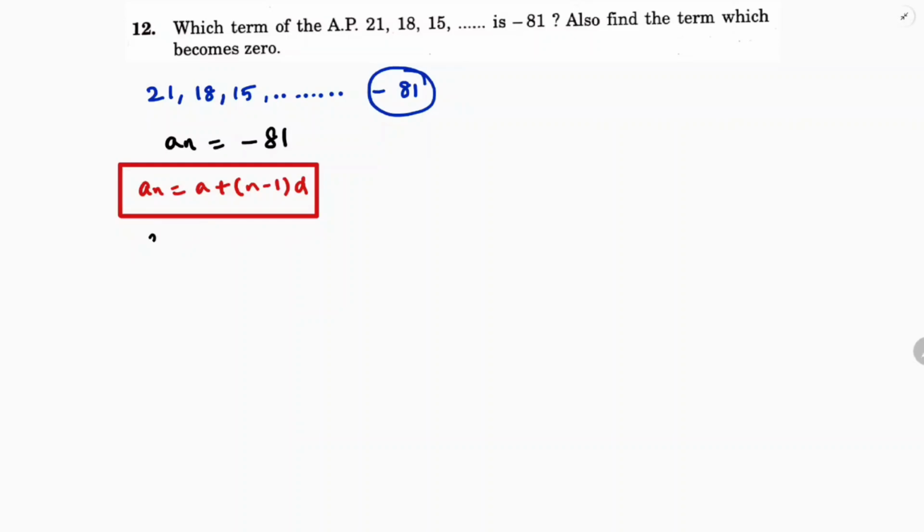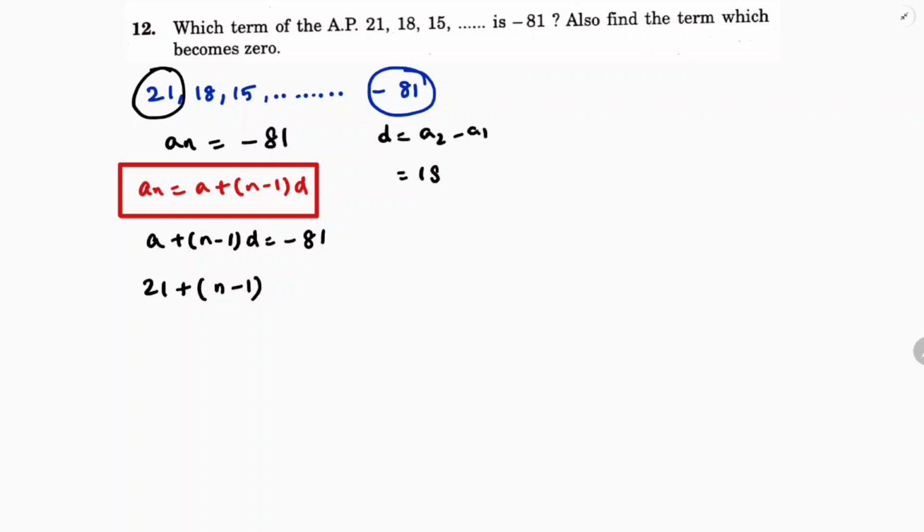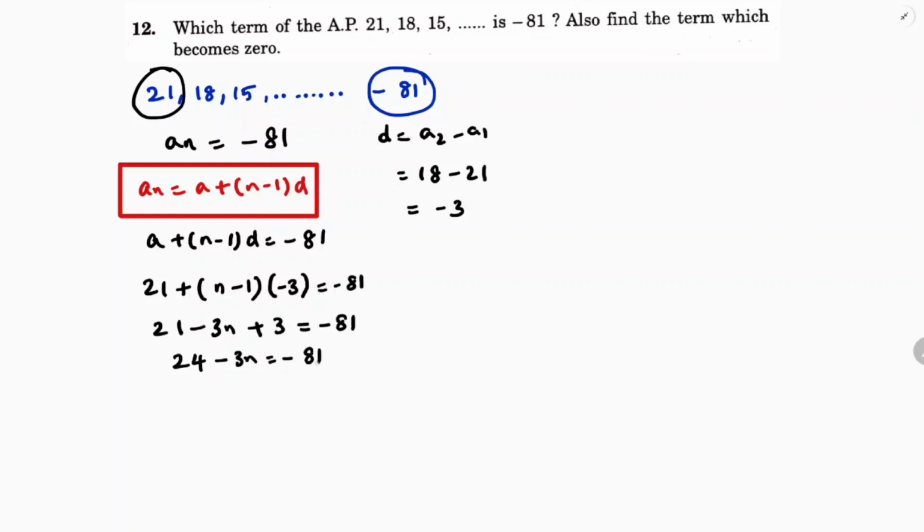If we substitute here, a plus n minus 1 into d is minus 81. A is the first term, which is 21, plus n minus 1 into d. Common difference is a2 minus a1. a2 is 18 minus 21, which is minus 3. So 21 minus 3n plus 3, because minus into minus is plus 3, equals minus 81. 21 plus 3, 24, minus 3n is minus 81.